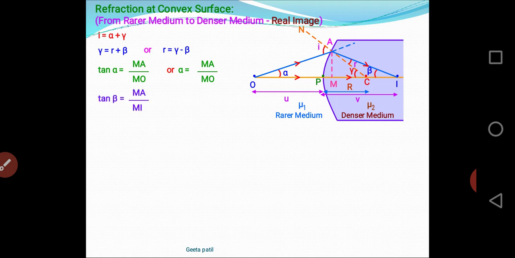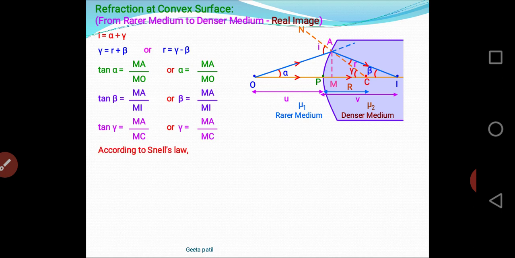Similarly, we can calculate tan beta is equal to MA by MI, or beta is equal to MA by MI. Since beta is very small, tan beta tends to beta only. Similarly, we can calculate tan gamma is equal to MA by MC in triangle AMC. We can get the value for this small value of gamma as MA by MC.